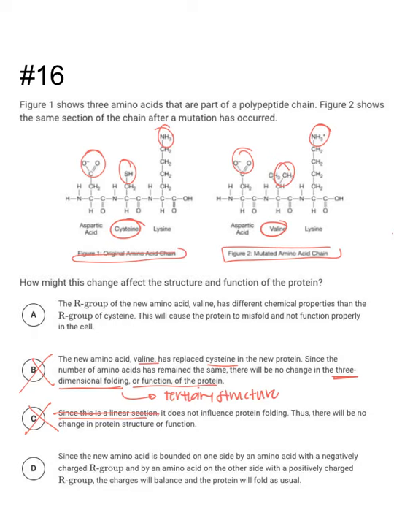Now looking at D. Okay, so in D, we're looking at the R groups. And it says, since the new amino acid is bound on one side by an amino acid with a negatively charged R group, and by a positively charged R group on the other end, the charges will balance and the protein will fold.